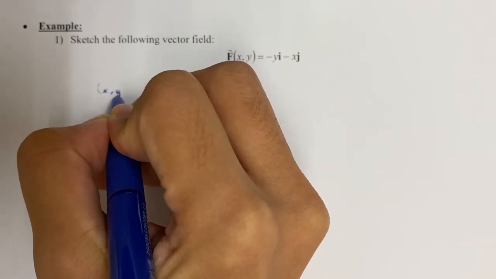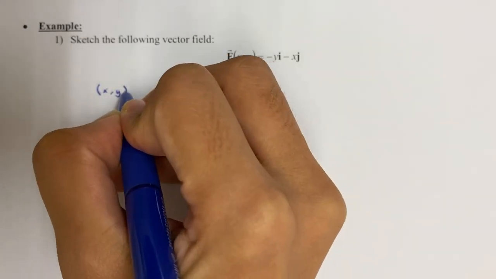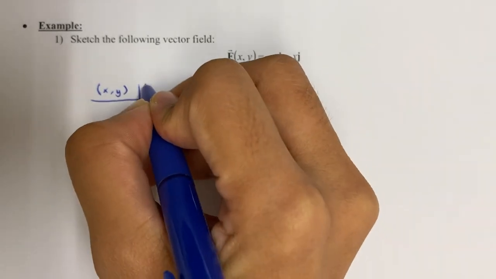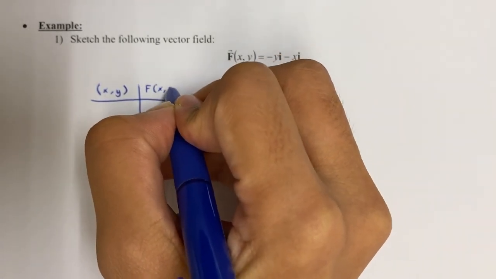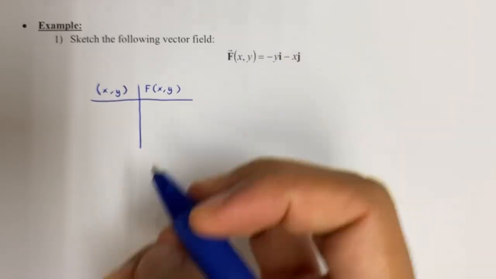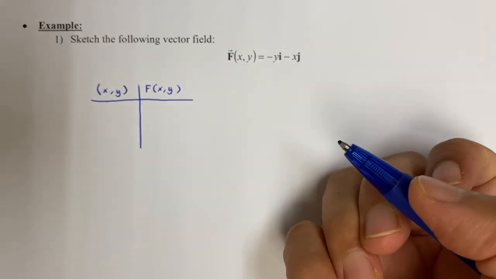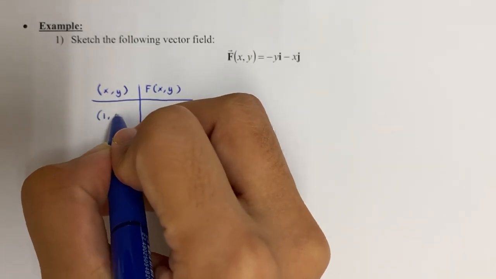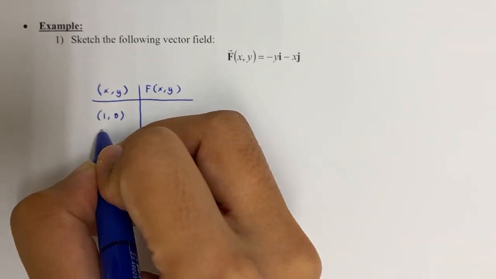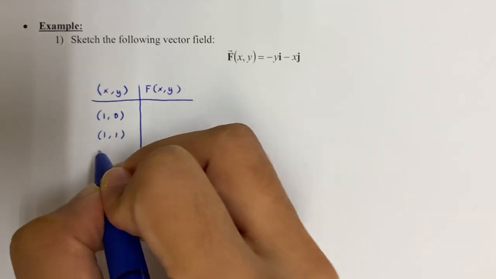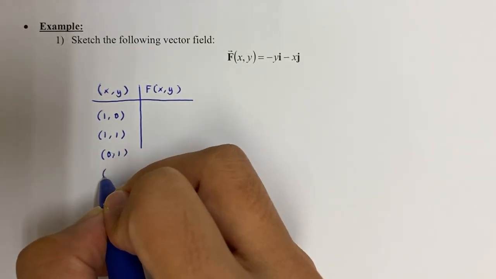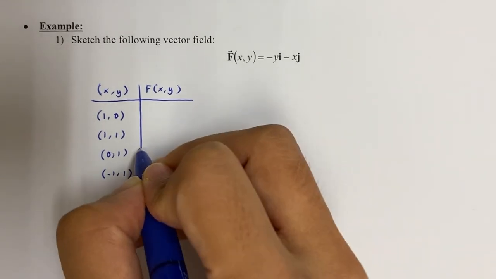Okay. For example, if you want to sketch this vector field, you need to state what your (x, y) points are. Start with your (x, y) point and then substitute it into your F(x, y). For example, we try with a few points. Let's say (1, 0) for the first point, second point (1, 1), (0, 1), and (negative 1, 1).